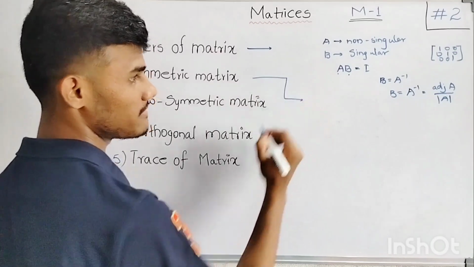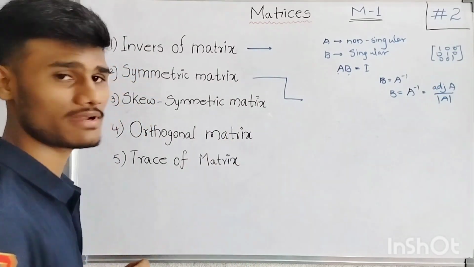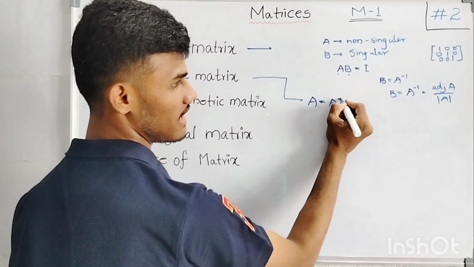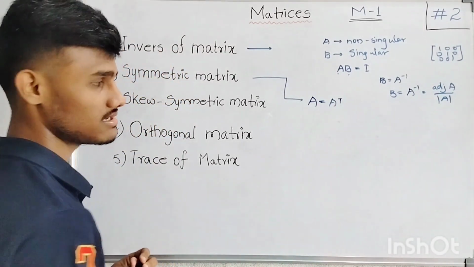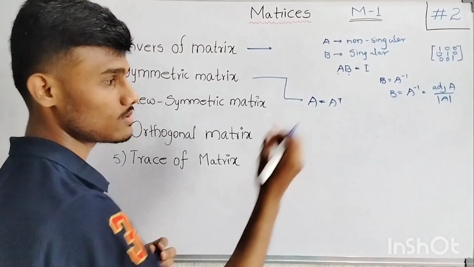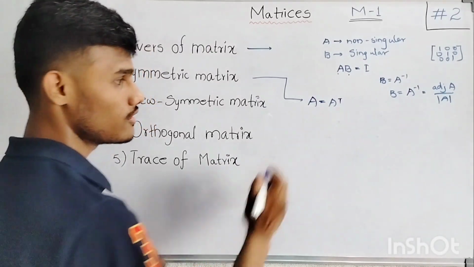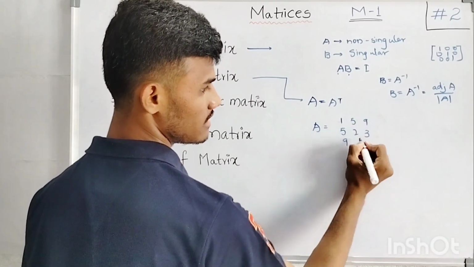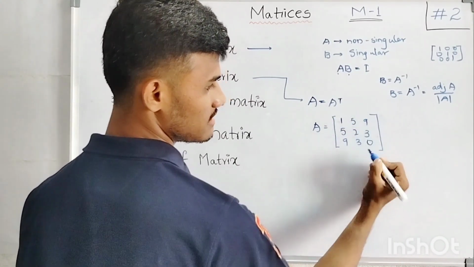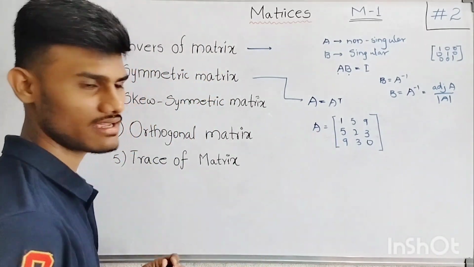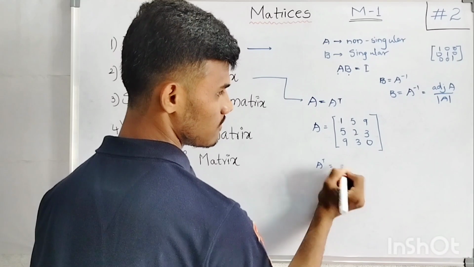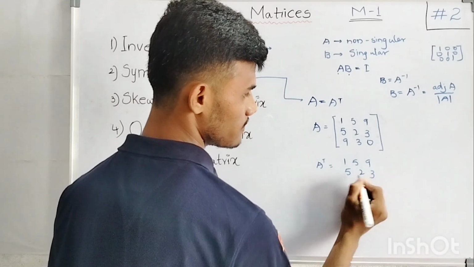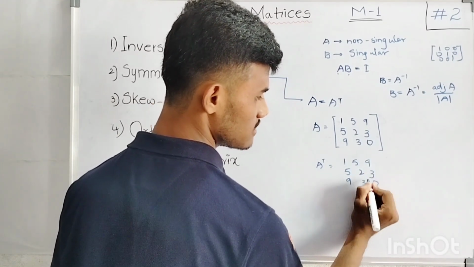Then next, coming to symmetric matrix. What is meant by symmetric matrix? Symmetric matrix is nothing but when A is equal to A transpose. When a matrix A is equal to the matrix obtained after transposing A, for example, A equals some numbers: 1 5 9 5 2 3 9 3 0. If this is a matrix, then transpose of A equals 1 5 9 5 2 3 9 3 0.